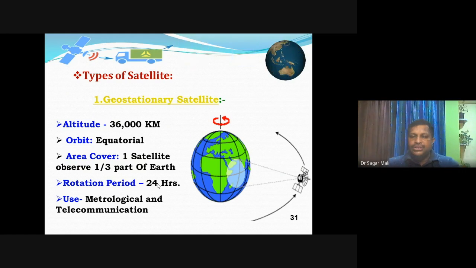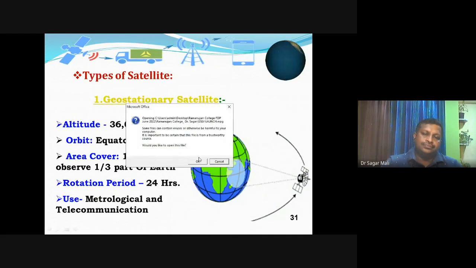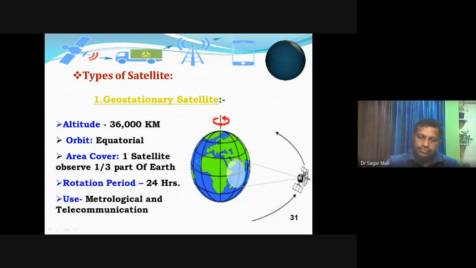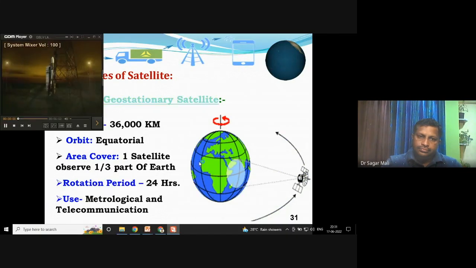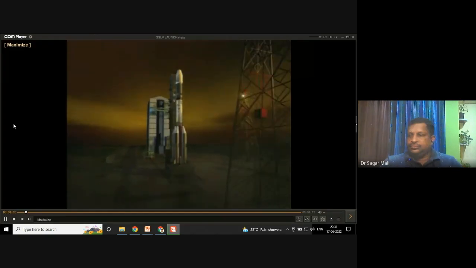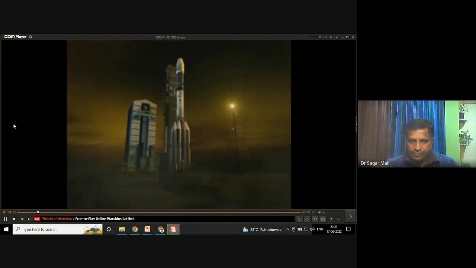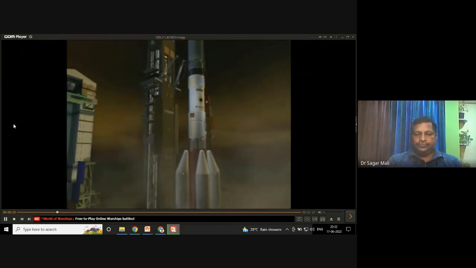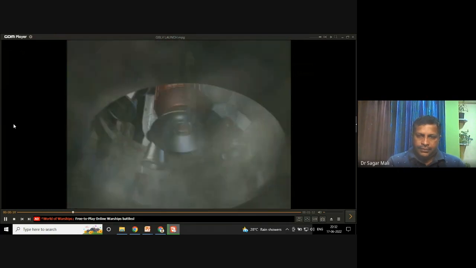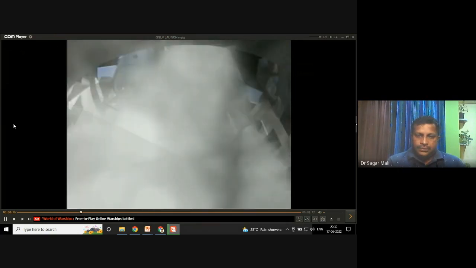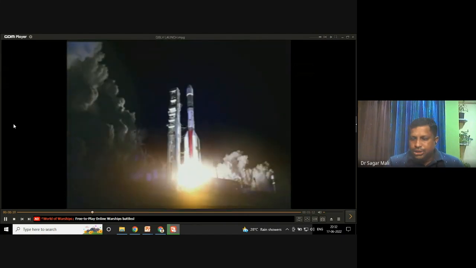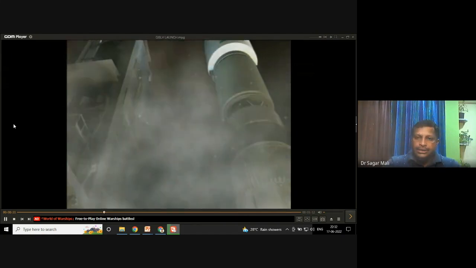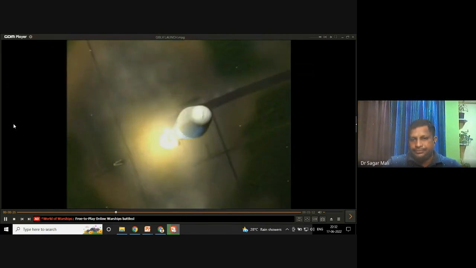Now, the main use of this satellite is meteorological and telecommunication purposes. We'll see how this geostationary satellite is launched. This is the GSLV vehicle, the geostationary satellite launching vehicle.